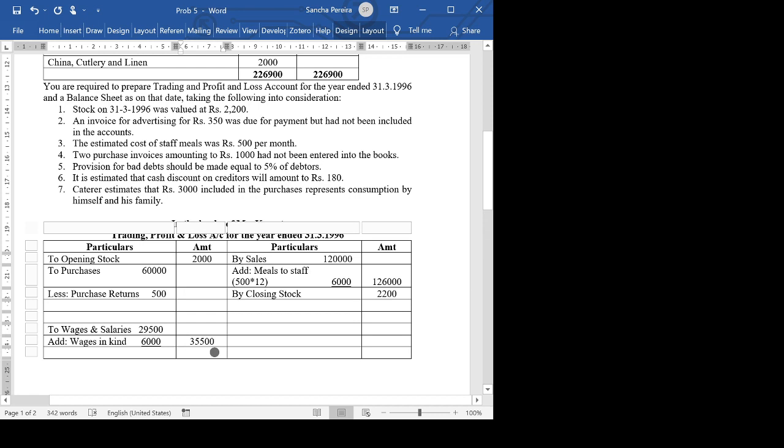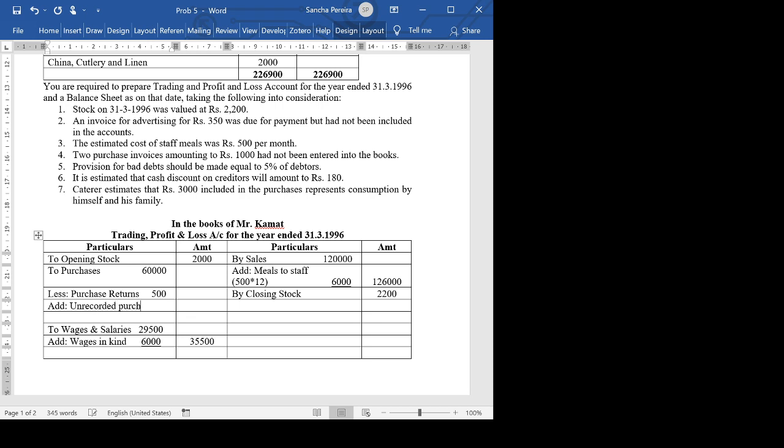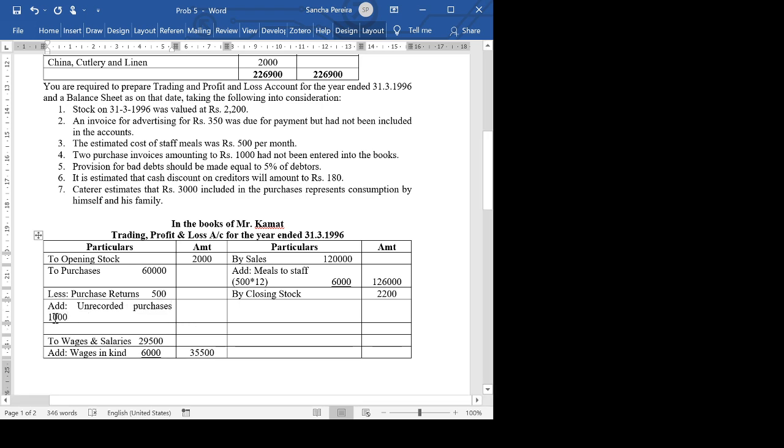Then we have two purchase invoices amounting to rupees 1,000 and not been entered in the books. The fact that they are not recorded in the books, we say add unrecorded purchases, which is 1,000.